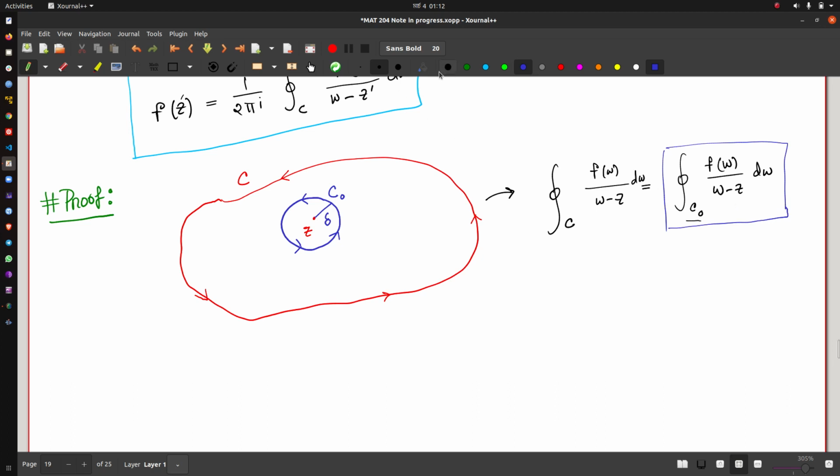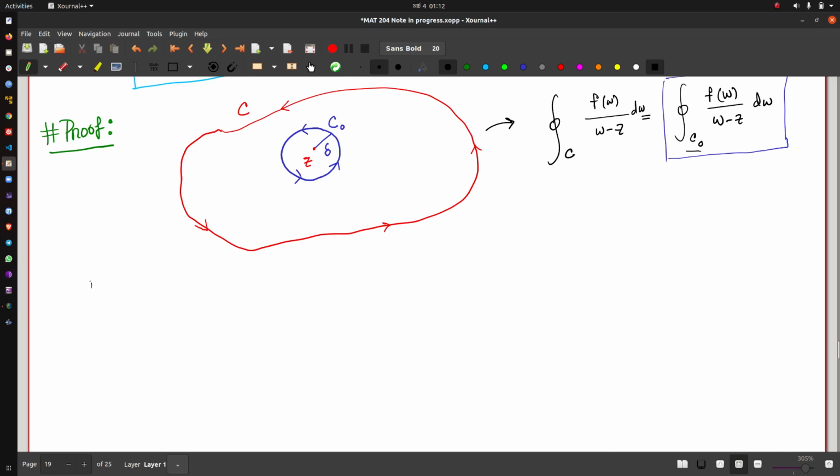Now we are going to take this part over here and write it as follows. f of w over w minus z can be written as f of w minus f of z plus f of z, over w minus z, dw. We can do that because there's a minus and a plus.